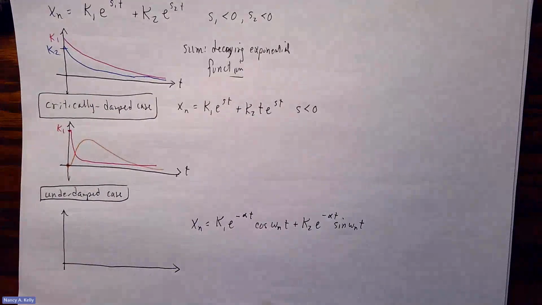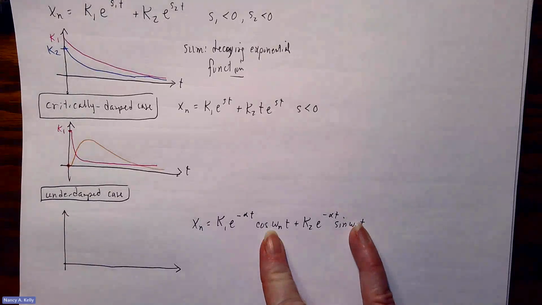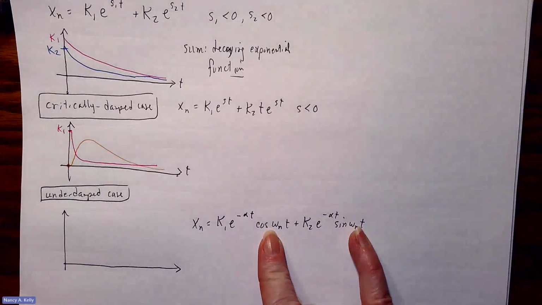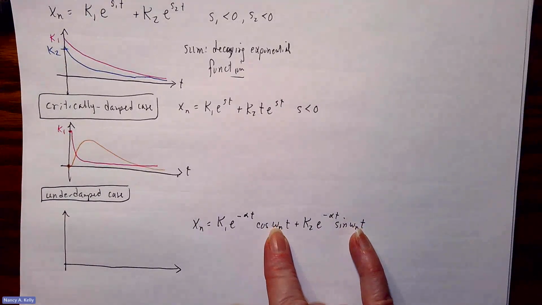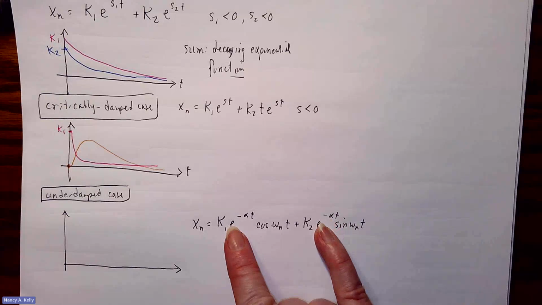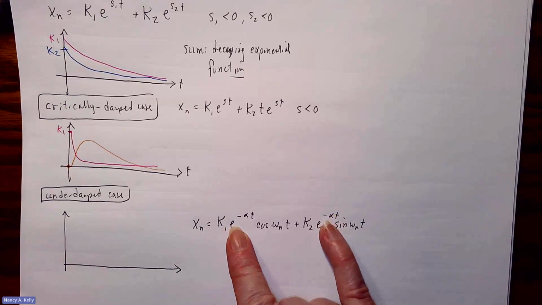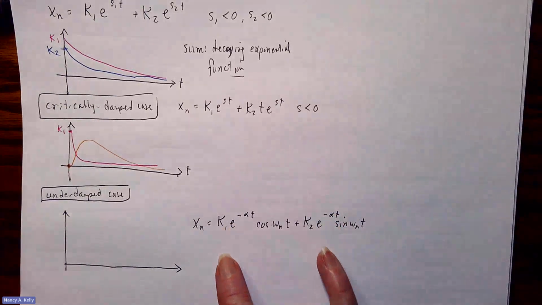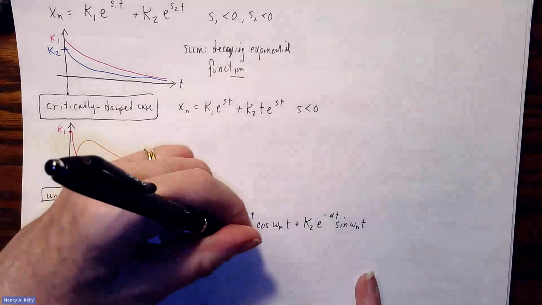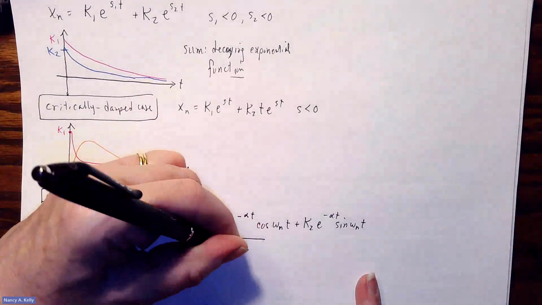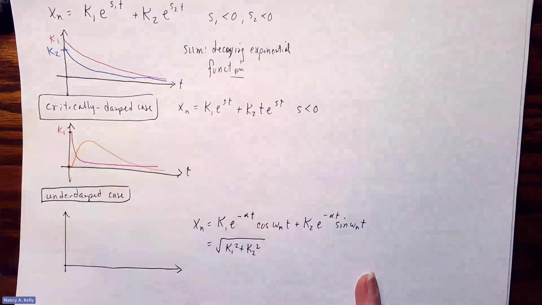Okay, now when we have a situation like this where we have a cosine and a sine, both of them have the same frequency, and they're both multiplied by some constant here with e to the minus alpha t, we can rewrite this as the square root of k1 squared plus k2 squared, okay?